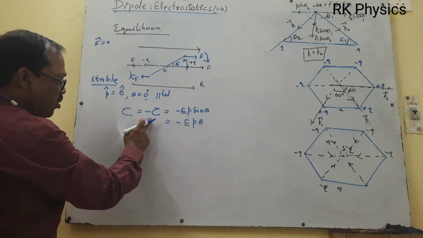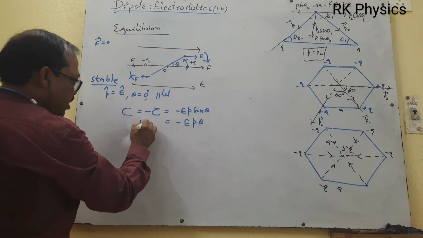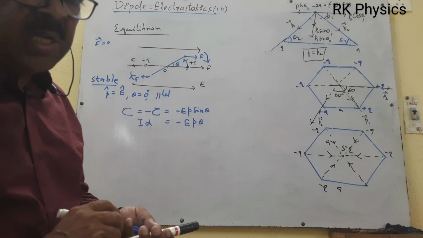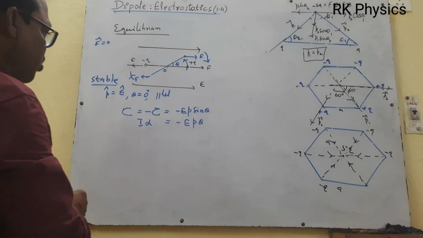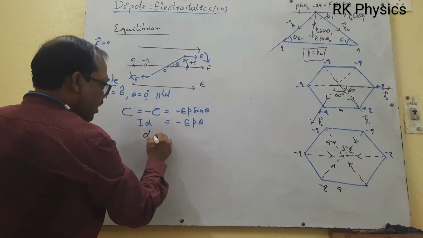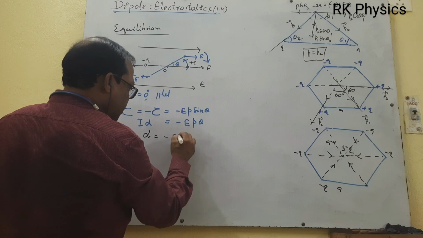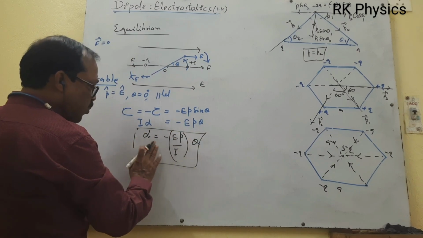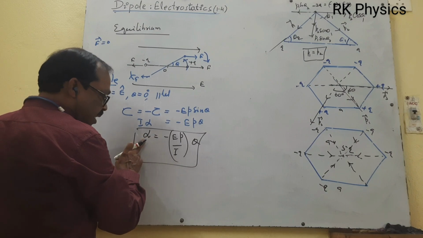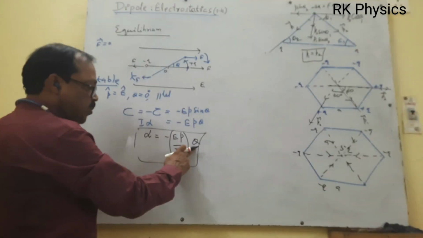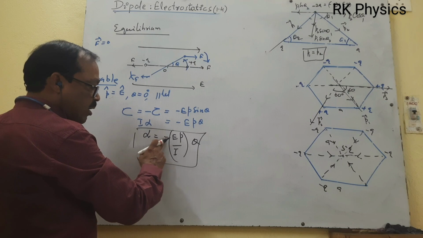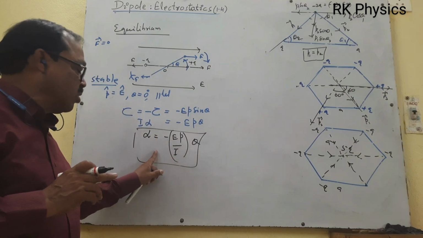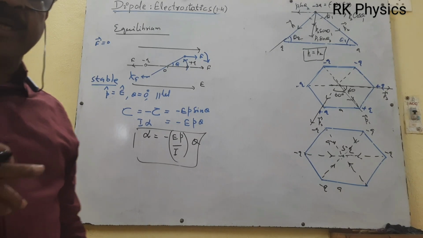Now what is the magnitude of torque? That is I alpha. I is the moment of inertia because there is a rotational effect. Alpha is the angular acceleration. This shows that alpha is minus EP divided by I into theta. Now what is this formula? Alpha, the acceleration, varies directly with displacement. The negative sign shows that displacement and acceleration are oppositely directed.